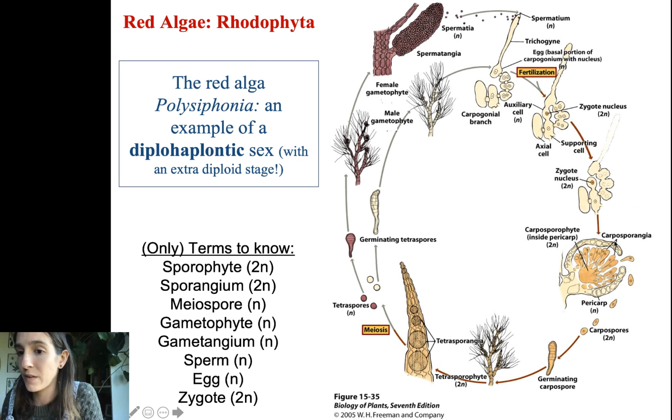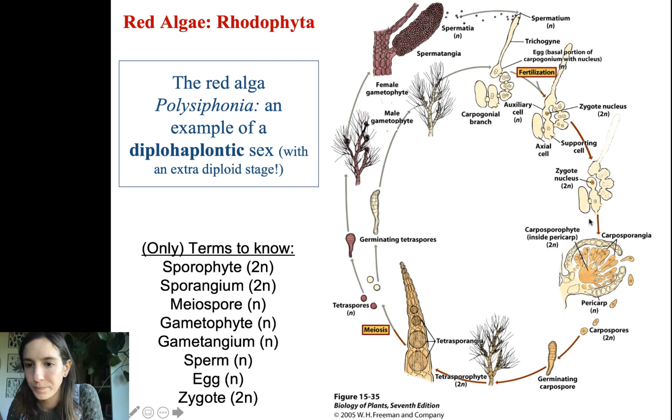Again, you don't need to know all these fancy words, but you do need to know some of them. Sporophyte, we already know that sporophyte is the diploid multicellular stage. Okay? Well, interestingly, this red algae has two separate diploid multicellular stages.